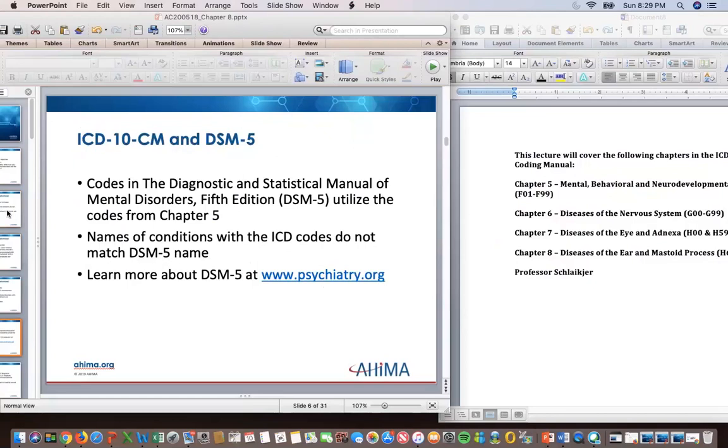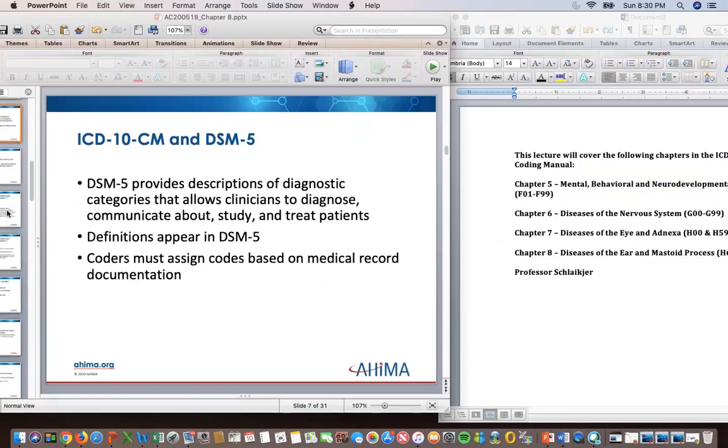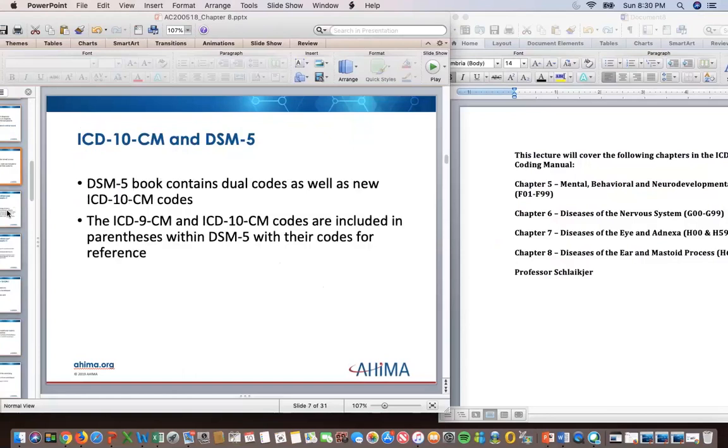Names of the conditions with the ICD codes do not match the DSM-5 name, which is kind of crazy, but you can take a look at that at the following website, www.psychiatry.org. The DSM-5 provides descriptions of diagnostic categories that allow clinicians to diagnose and communicate about, study, and treat those patients.